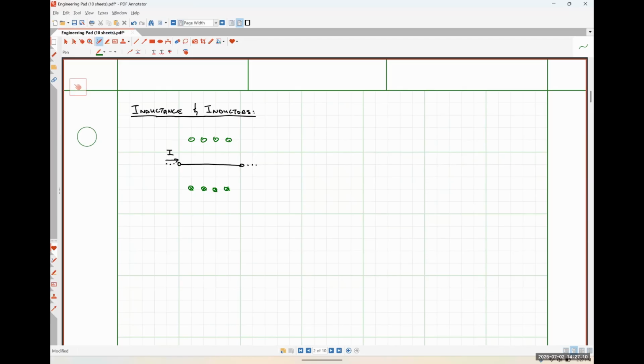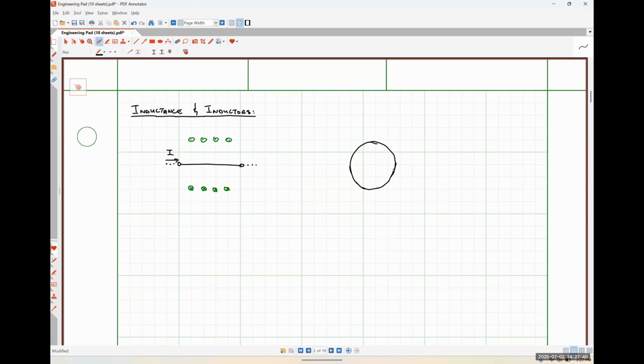Now, as a simple experiment, let's say that instead of a long straight section of wire, we have a circle of wire that's carrying some current. Bear with me here while I attempt to draw a circle. So here's our circle of wire.